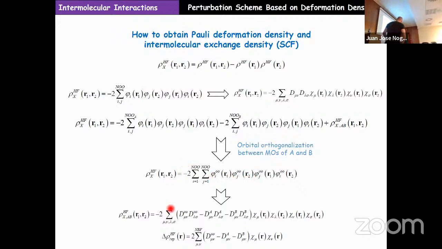And now from this, I can easily obtain the intermolecular Hartree-Fock exchange with these density matrices, with the same orbital basis of course, and also the one electron Pauli repulsion density. So the plot I showed you before for this TVDD with the OPC molecules was a representation of this function, this density.